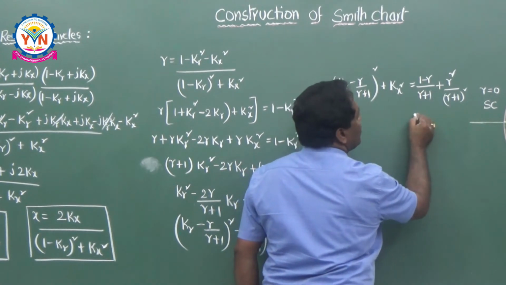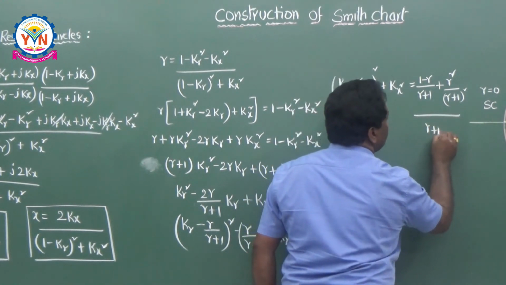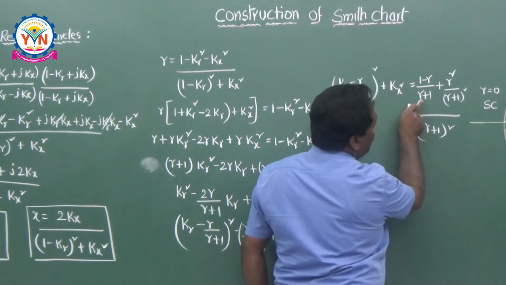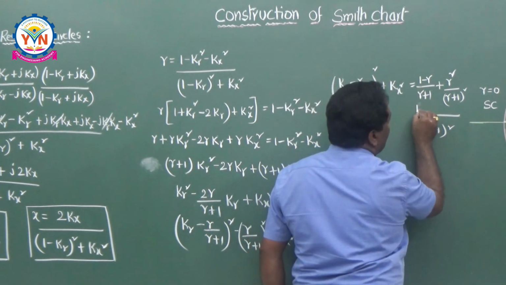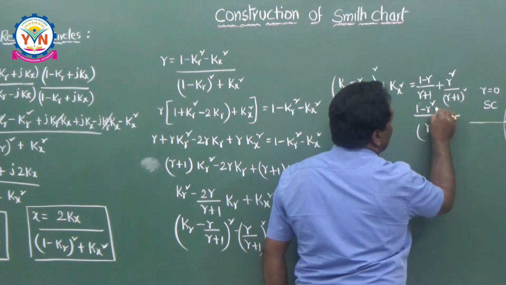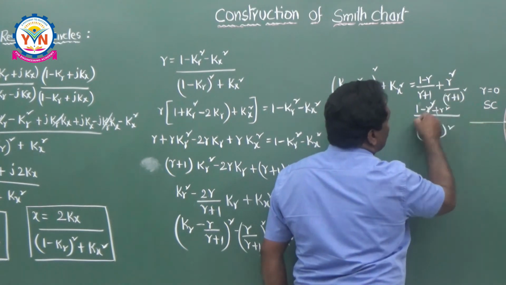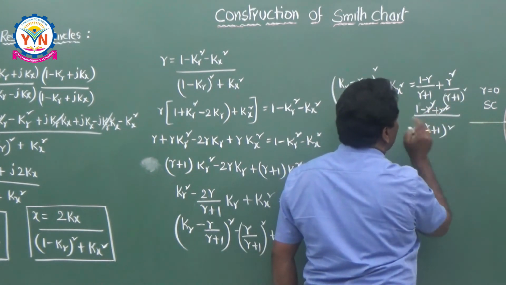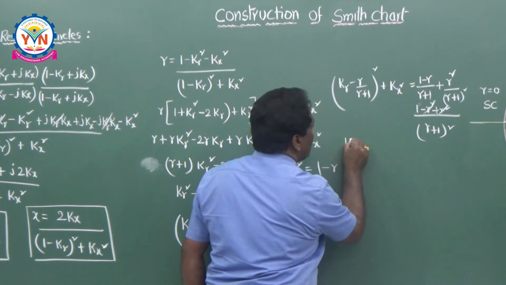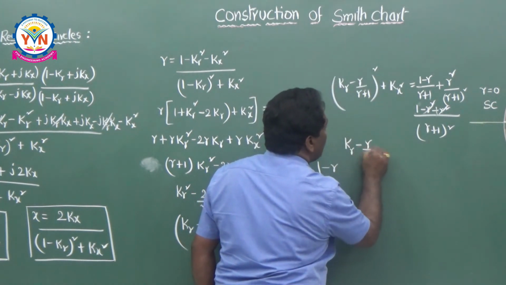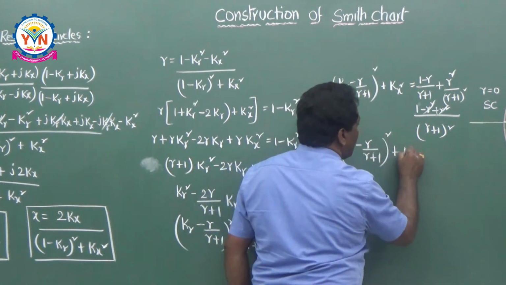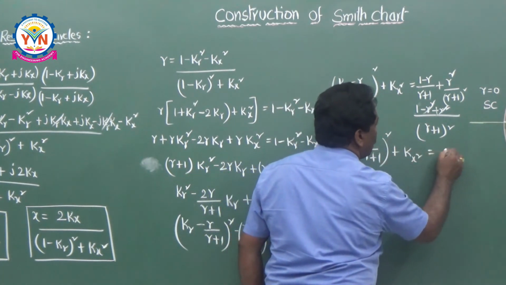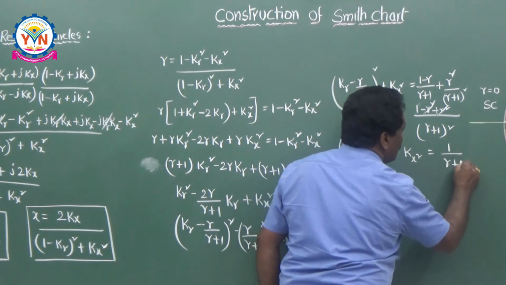Then you take the LCM, which is (r+1)², and it will be (r+1)(1 - r), that means 1 - r², and this is plus r². So r² will be cancelled, and this is 1/(r+1)². So (kr - r/(r+1))² + kx² = 1/(r+1)².